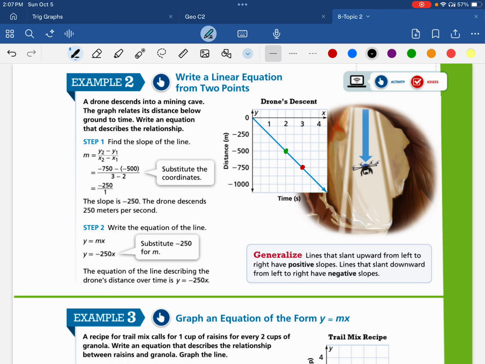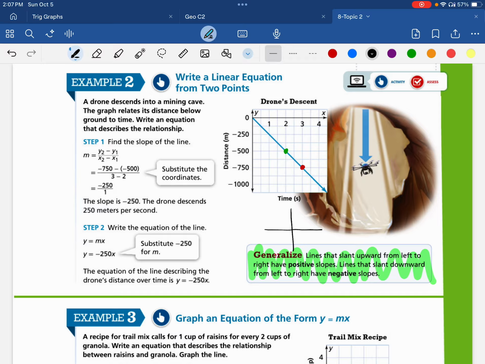On your vocab sheets under slope, if you have room, add this information here. I did not include a separate box for positive slope and negative slope, or even somewhere on that page down at the bottom. Draw an example of each of these. Lines that slant upward from left to right have positive slopes.